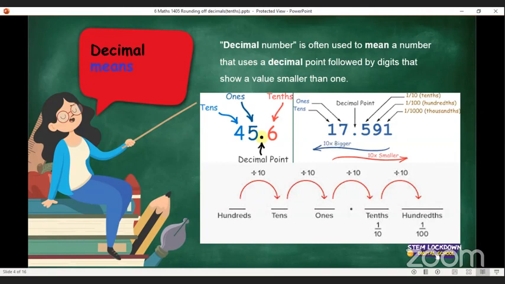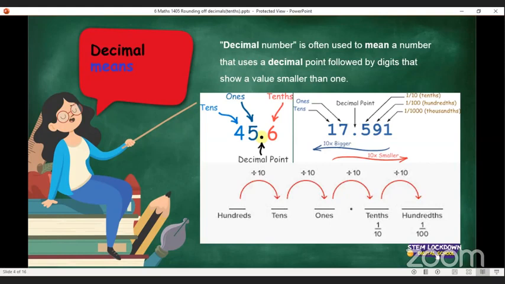Now on your fractions, let's say if you have 9 over 100, that would be 0.09.